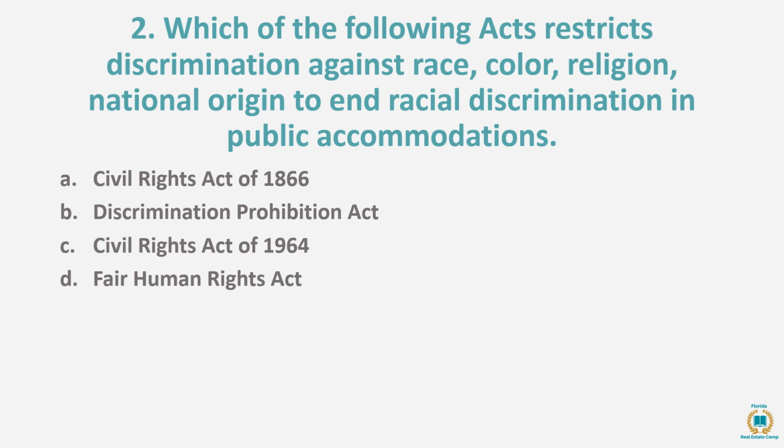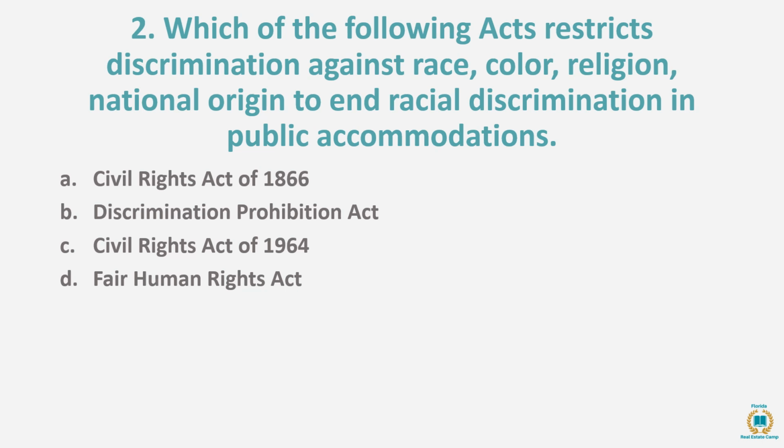Number 2, which of the following acts restrict discrimination against race, color, religion, national origin to end racial discrimination in public accommodations? Is it A, the Civil Rights Act of 1866? B, Discrimination Prohibition Act?